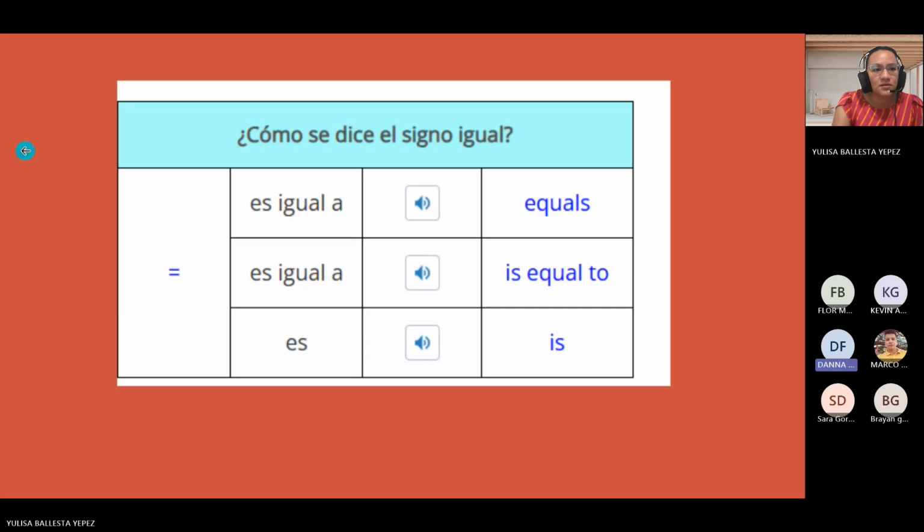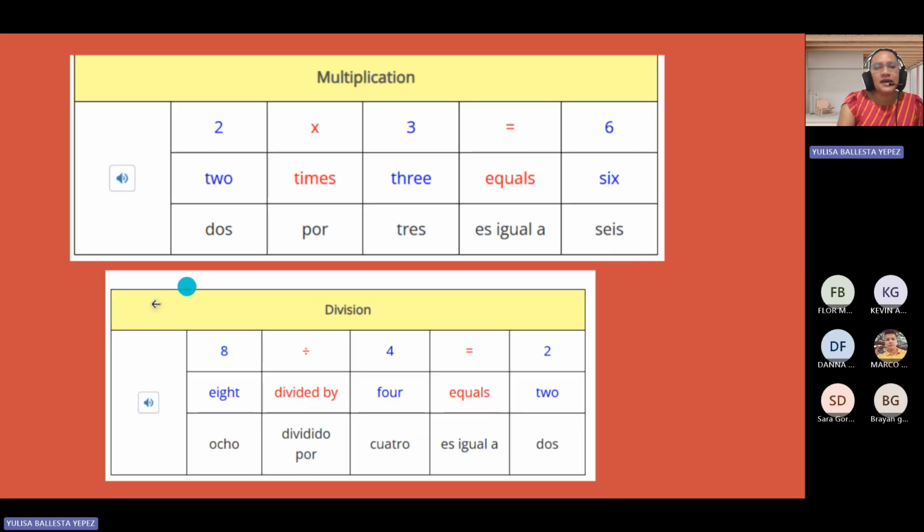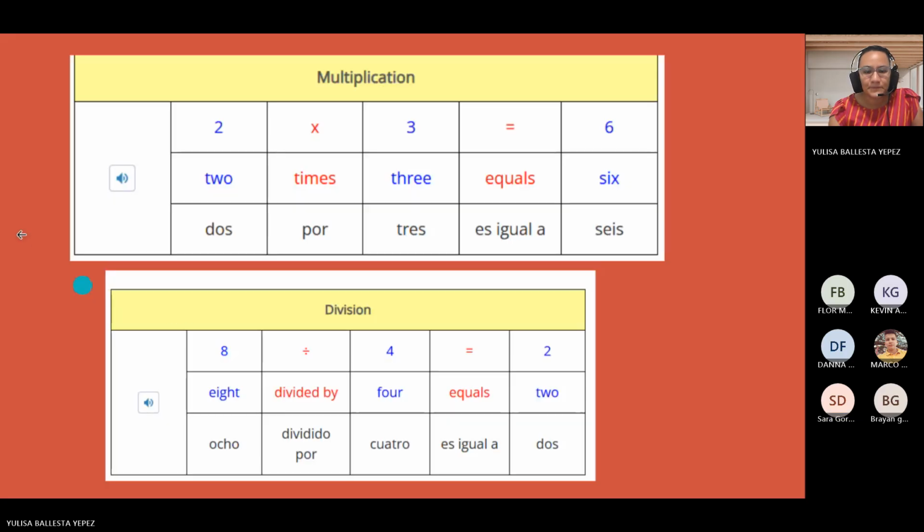Multiplication and division. Sarah, please read the multiplication. Multiplication: 2 times 3 equals 6.